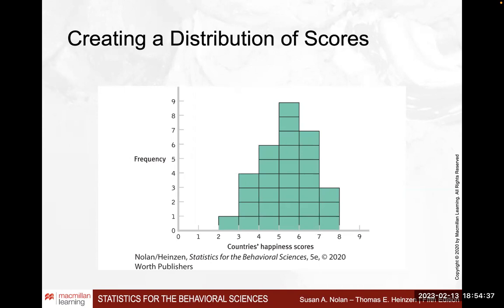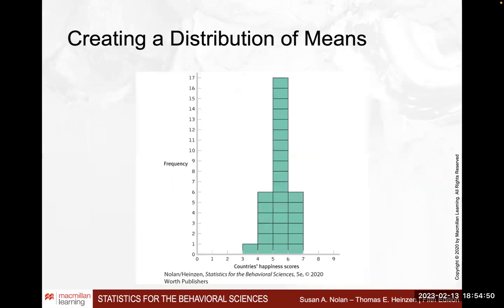If you remember, the mean of the happiness was 5.382, so that's where the mode is, kind of nice. But it shows a lot of variability. That indicates that there's a lot of variability in that overall population. If you're drawing now repeated smaller samples and you only look at the distribution of means, what you get is a more accurate estimate of the mean of your population, and you get less variability.